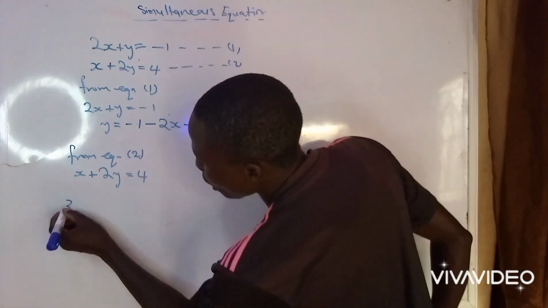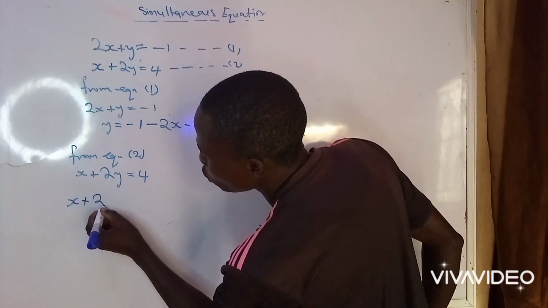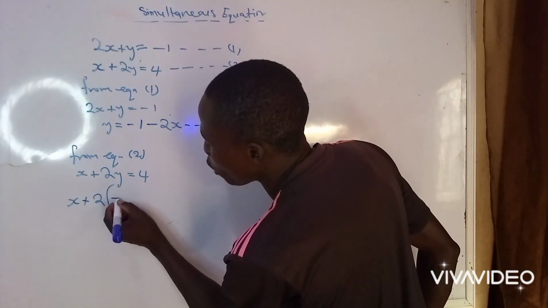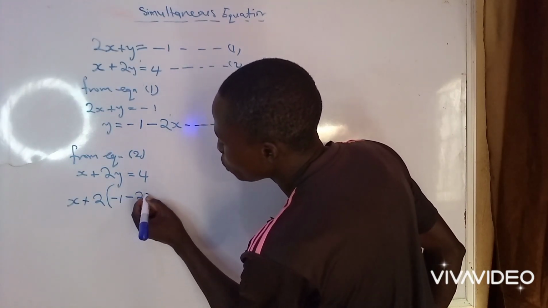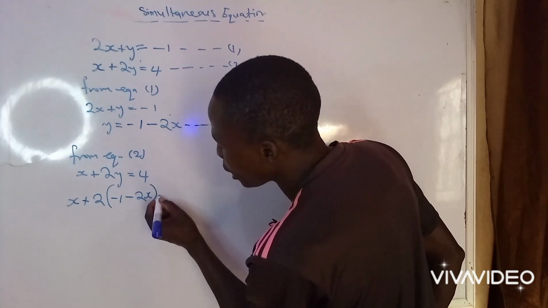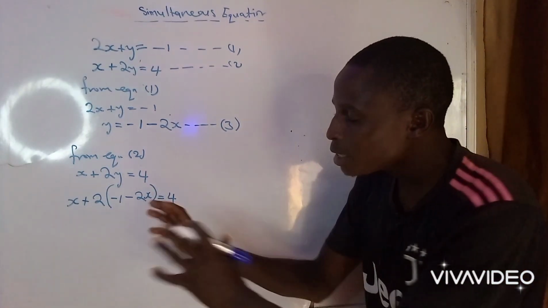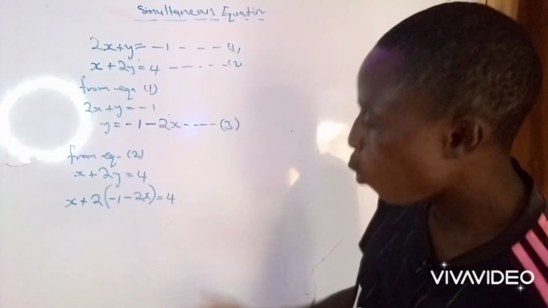So now x plus 2, instead of putting y, I will open my bracket and put minus 1 minus 2x and close the bracket, equals 4. Everything inside the bracket is representing y.